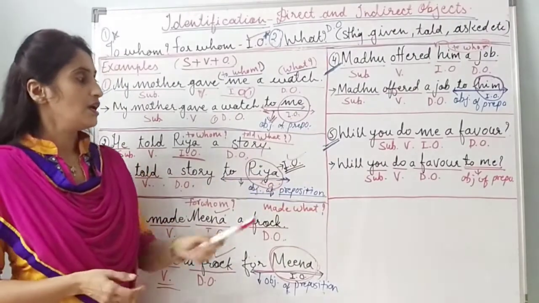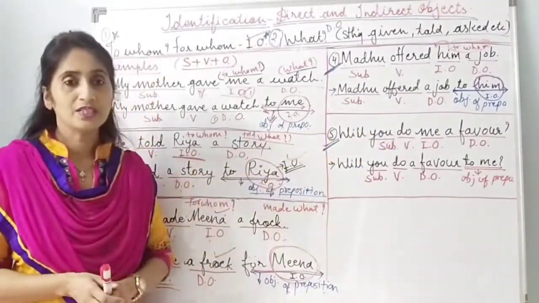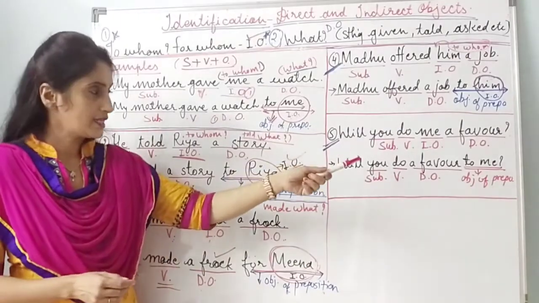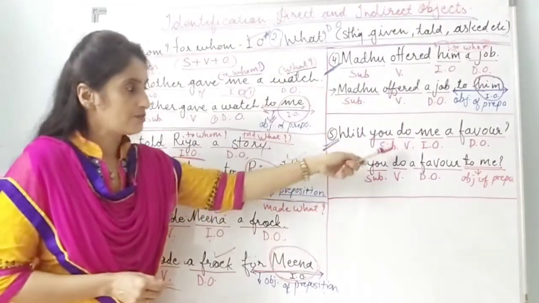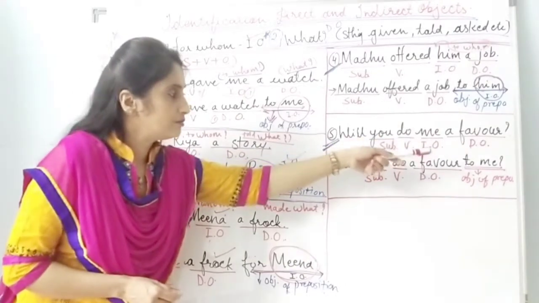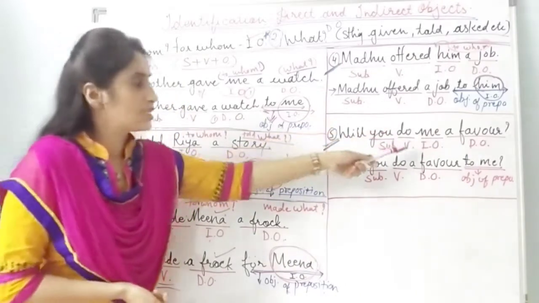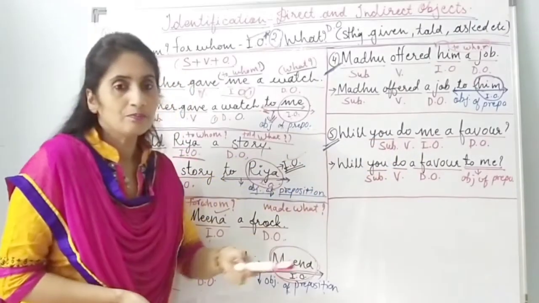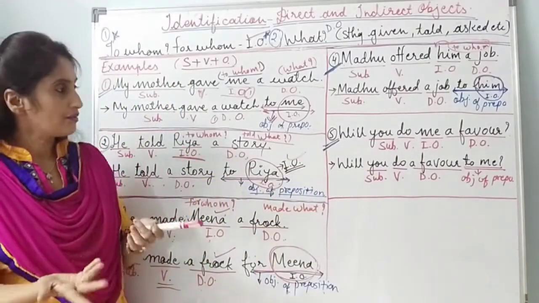See the last sentence: Will you do me a favor? This is a question, but we have to analyze it in the same way. You is the subject, do is the verb, me, to whom? To me. And so it is the indirect object. A favor is the direct object. What? A favor.